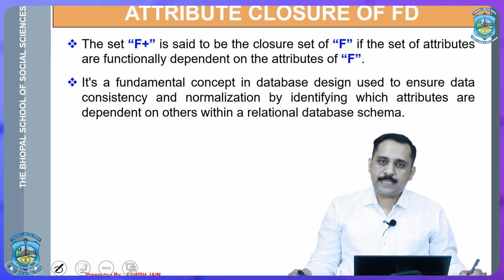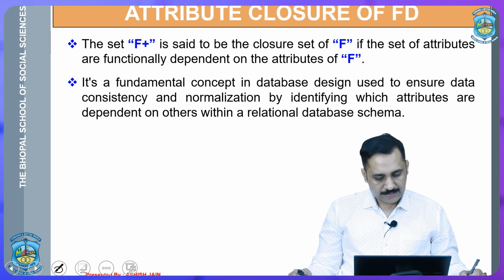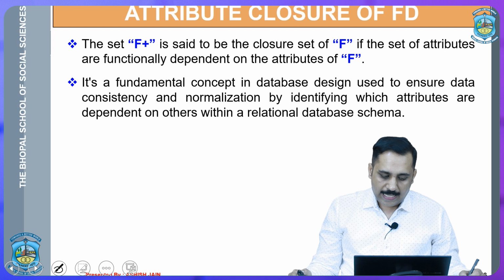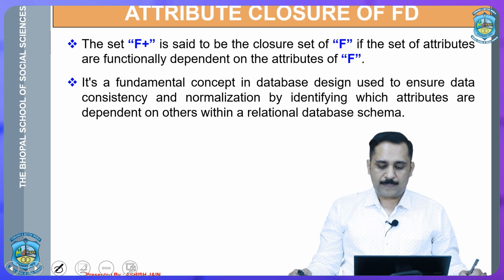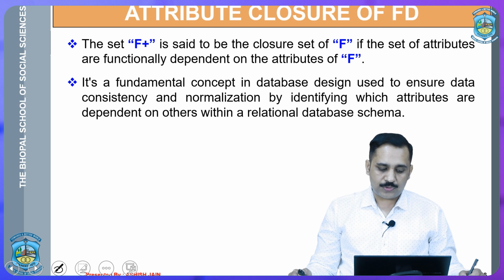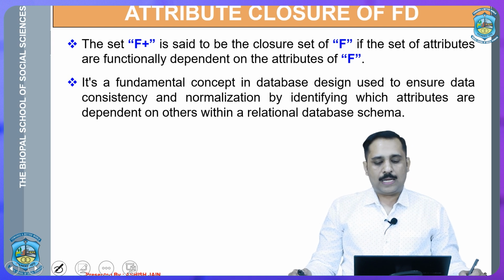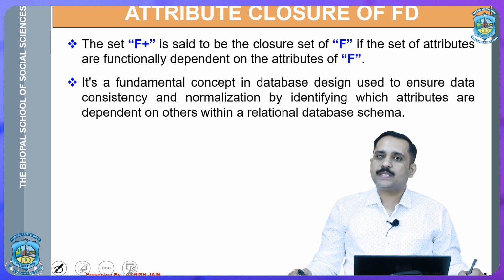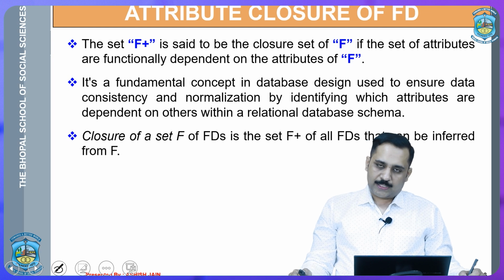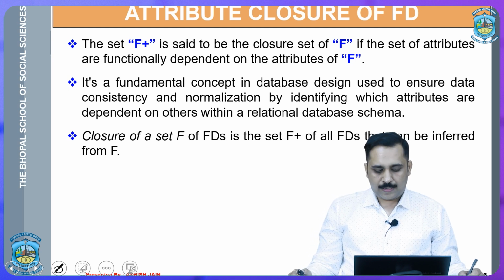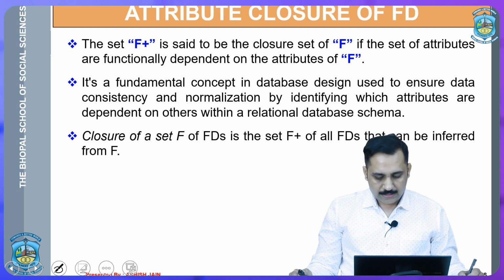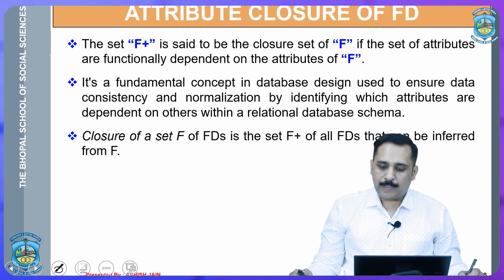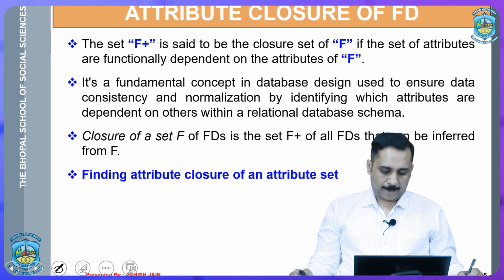It is a basic fundamental concept in database design which is used to ensure data consistency as well as the normalization of data, by which we identify different attributes that are dependent on others within the relational database schema. We can also say that the closure set of functional dependencies F is a set represented by F plus. It contains all the functional dependencies that can be inferred from capital F.